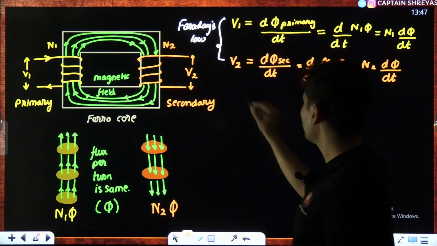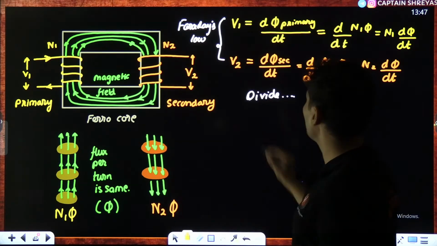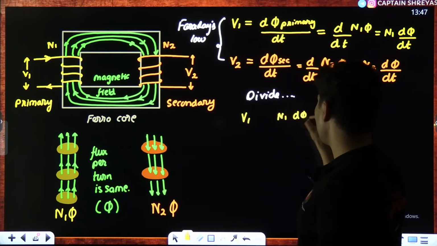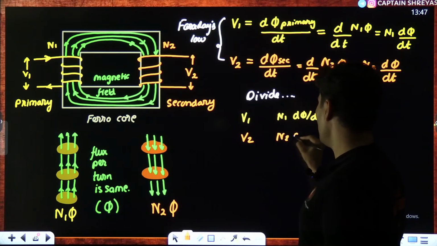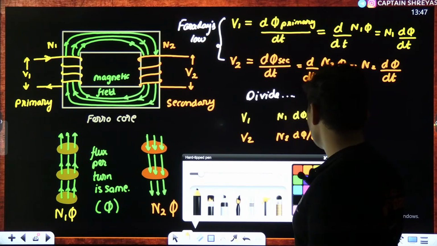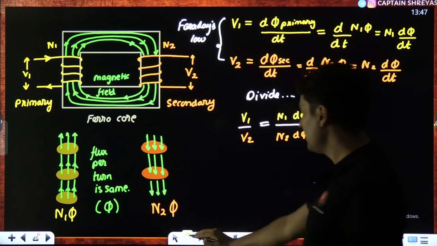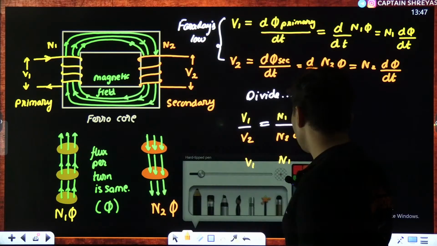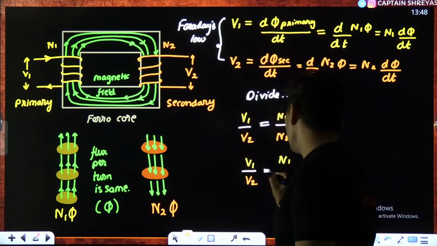Now what I will do is divide both of these equations. V1, which has N1 d phi by dt, and below this I have V2, which has N2 d phi by dt. I am just dividing both of them, that's all. The d phi by dt will cancel. So what will I get? V1 over V2 equals N1 over N2. That's it.